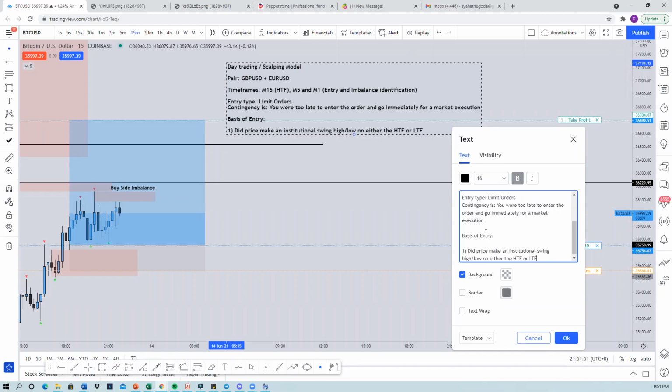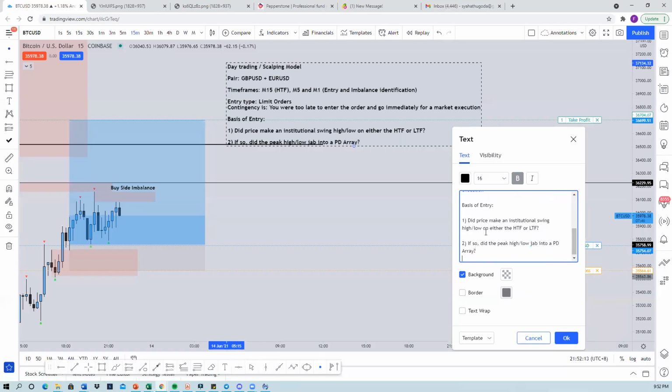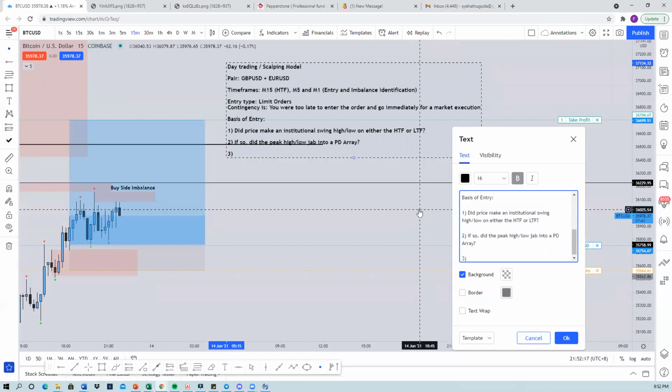Either one works. Number two, if so, did the peak high or low jab into a PD array?